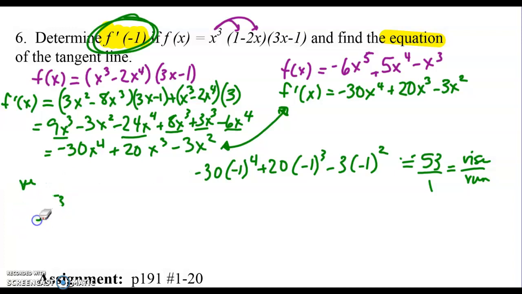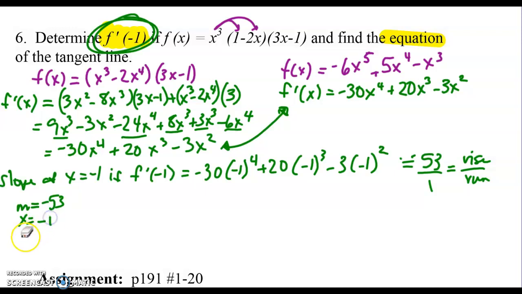X equals negative 1. Y, in this case, when x is negative 1, we put it back into the original equation. So we're going to have a negative 1 cubed. I'm just going to write down what that equals: y equals 12.